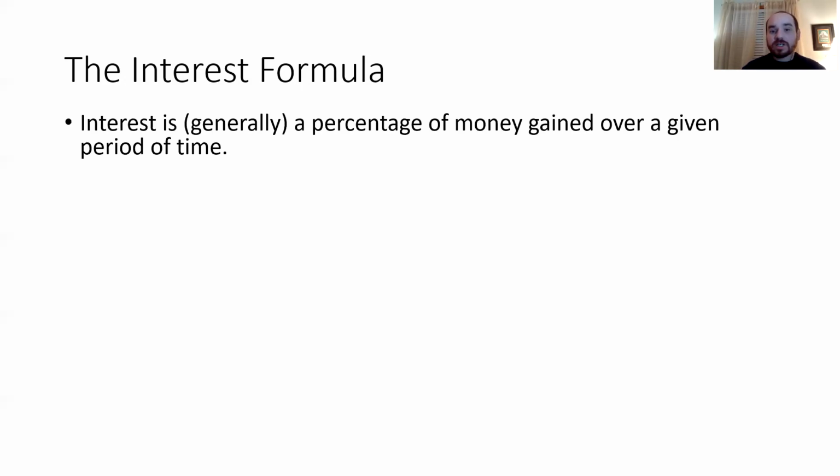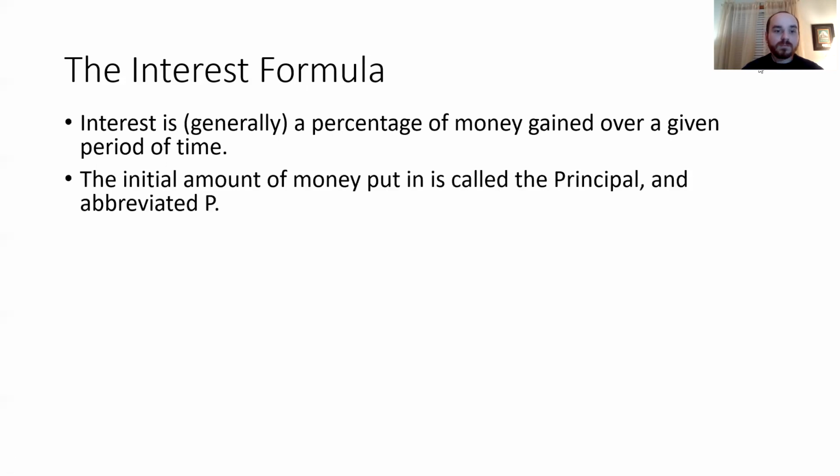So interest is generally a percentage of money gained over a given period of time. Hopefully you guys already know what interest is. It can be applied to loans, it can be applied to investments, it can be applied to whatever else. The initial amount of money put in is called the principal and is abbreviated P. So the principal can be like if I invest $1,000 into an account, that's the example we're going to look at in a little bit. That's the principal amount.